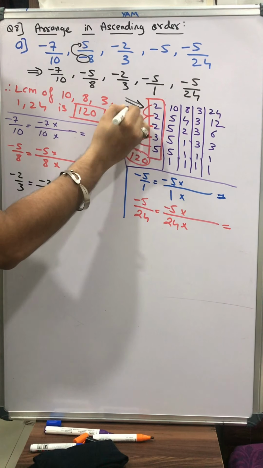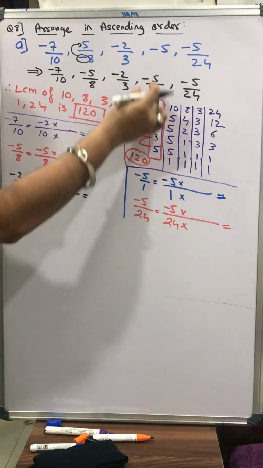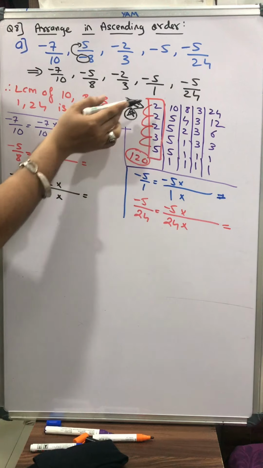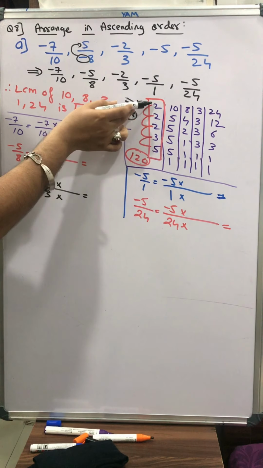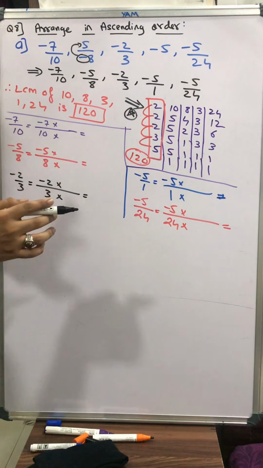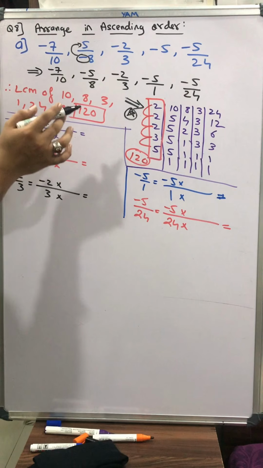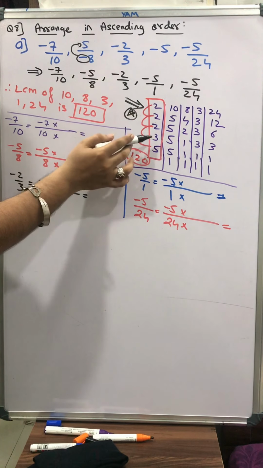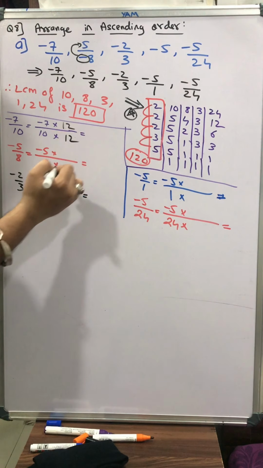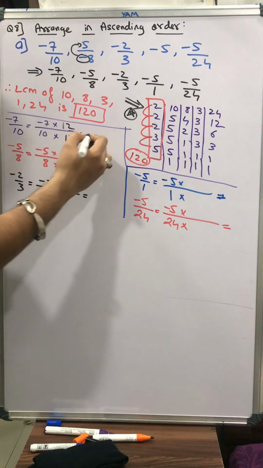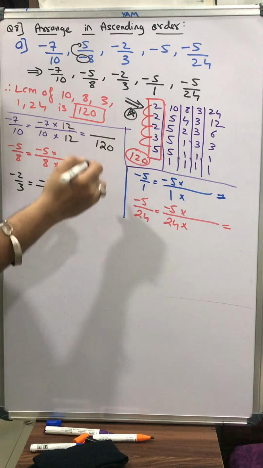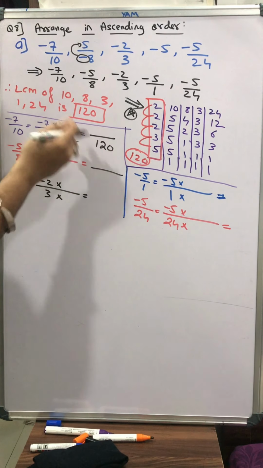From how you can find 10? This 5 and this 2 become 10. Leaving those two numbers, 5 and 2, because 5 2s are 10, we already have that here. What other numbers are present? 3, 2 and 2. 3 2s are 6 and 6 2s are 12. That means 12 will come here and here. Understanding students? So the answer will be, in the denominator, of course 120. I'll write the numerators afterwards.